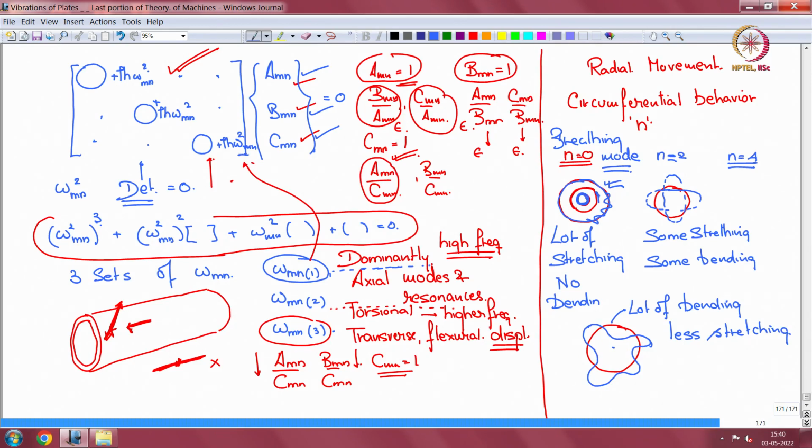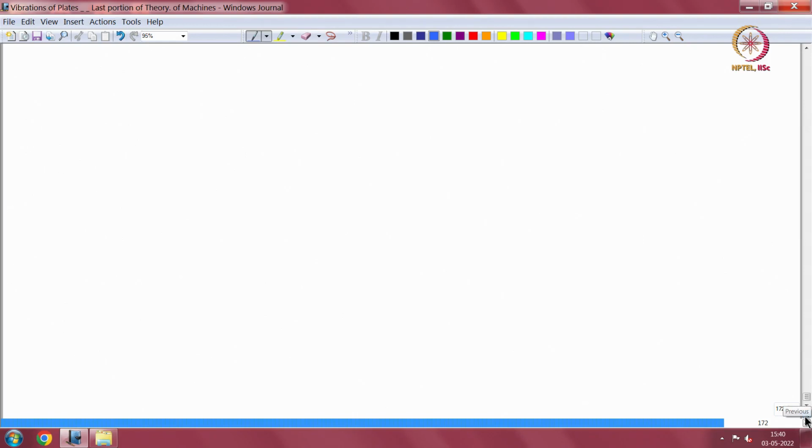So now, if we think about the Rayleigh quotient, it has strain energy and it has the kinetic energy, which is proportional to omega mn squared.